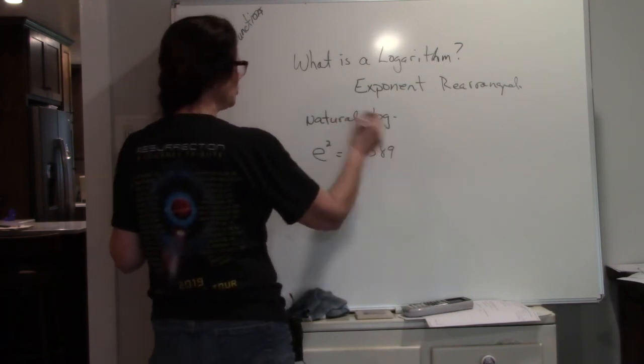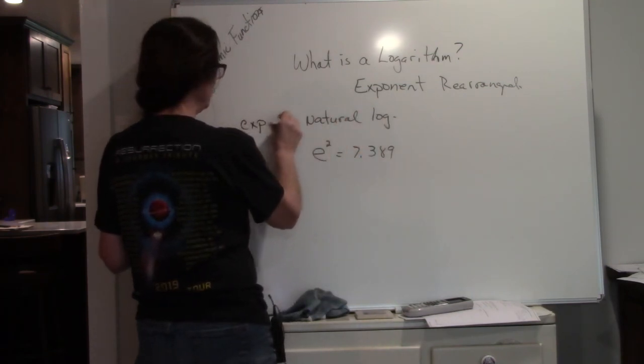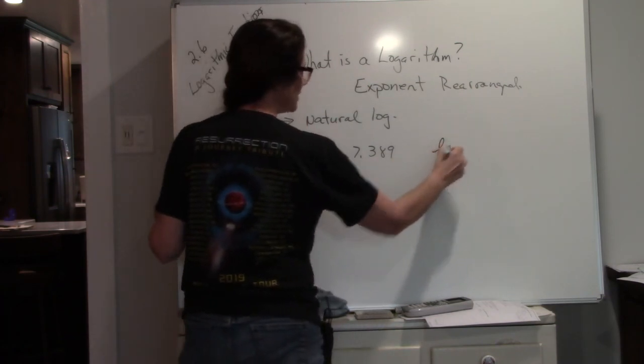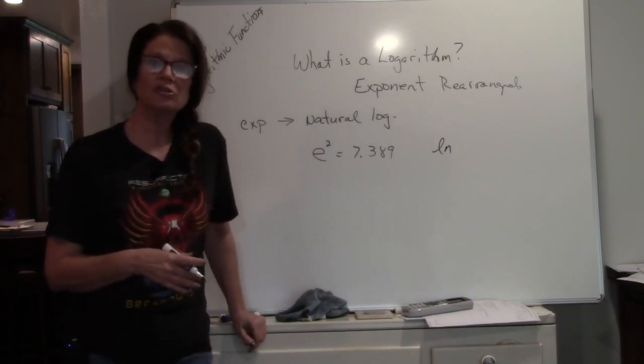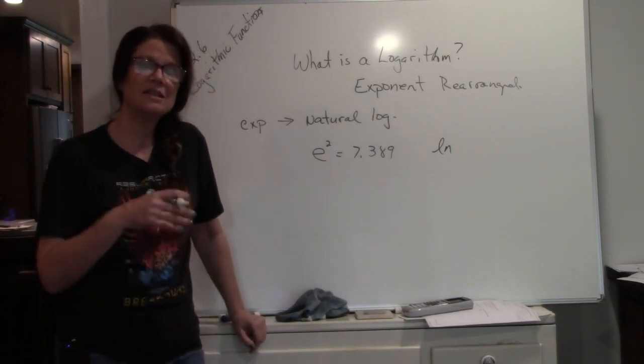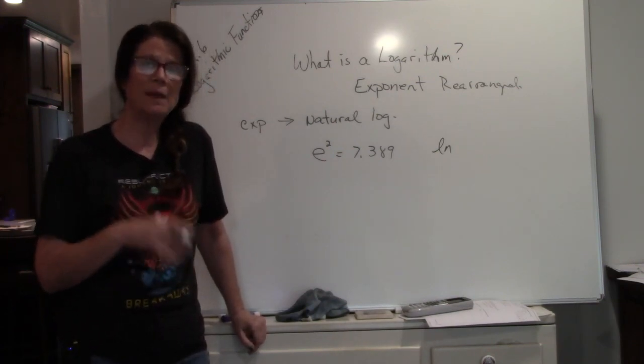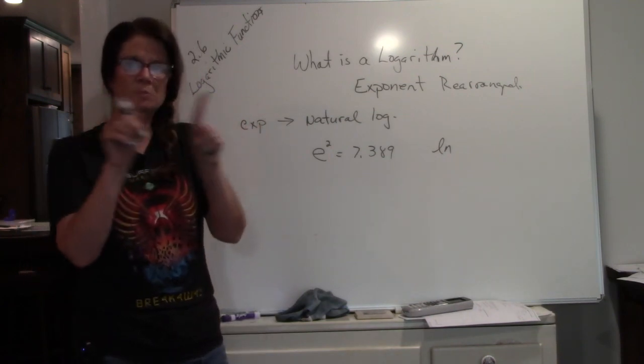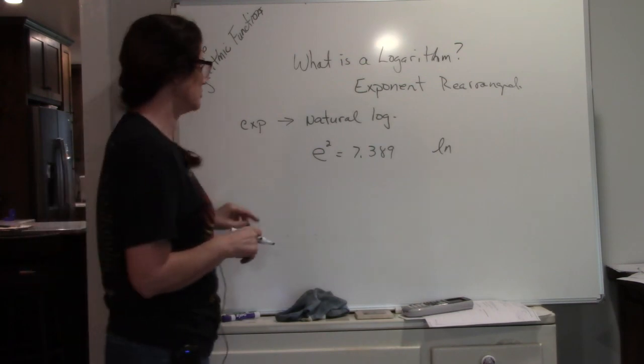If I want you to change it from an exponent to the natural log is ln. So on your calculator, you do have an ln key. That is the natural log. That is base e.